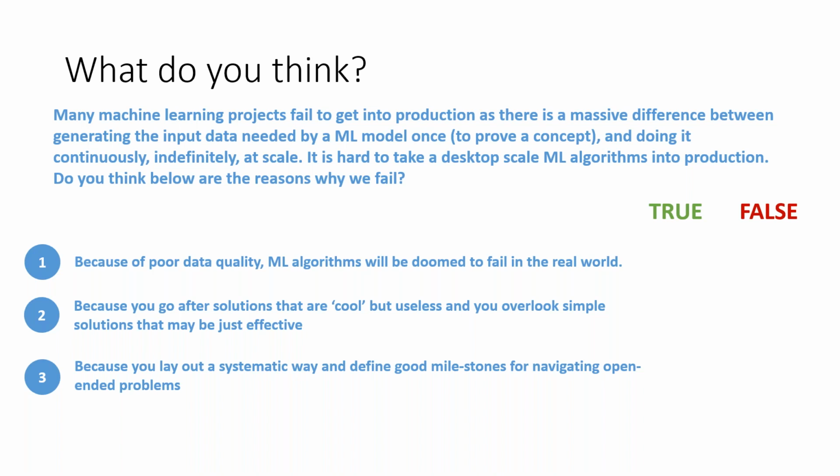Anyway, the first point I'm making, you have to say true or false. Because of poor data quality, machine learning algorithms will be doomed to fail in the real world. True or false? True. As I told you, very high-quality data can be used to build a very accurate model using very ordinary algorithms.